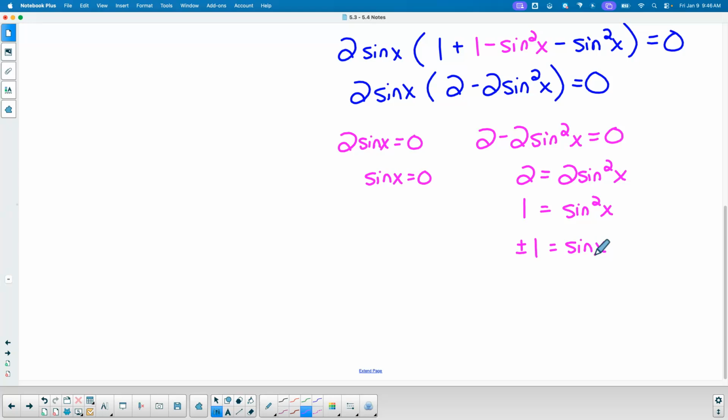So where is sine equal to 0? 0 and pi. Where is sine equal to positive 1? Pi over 2. Where is sine equal to negative 1?